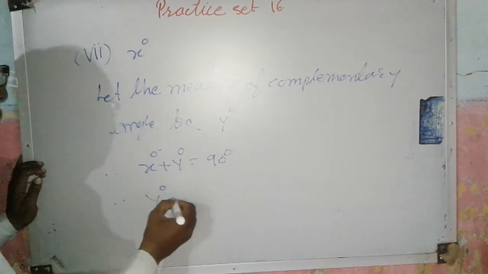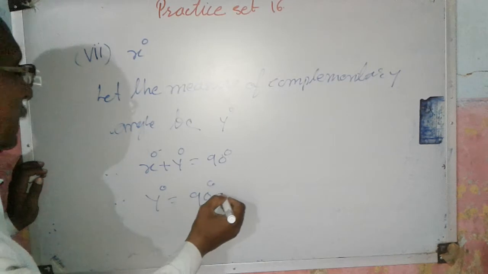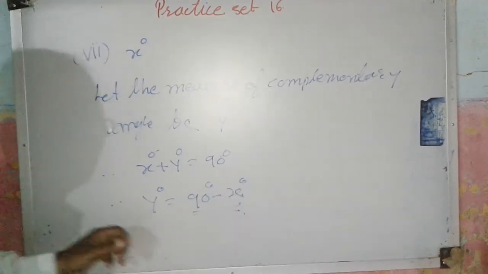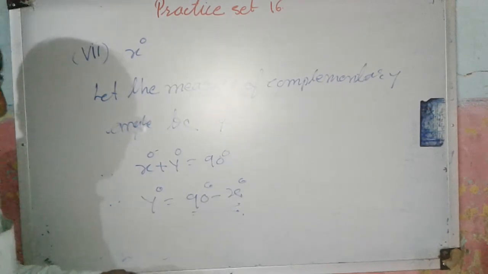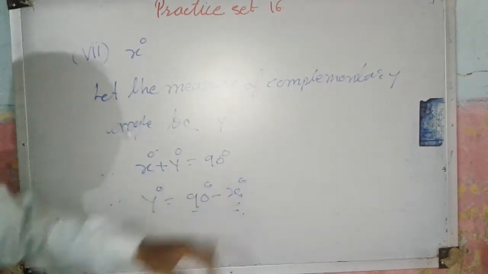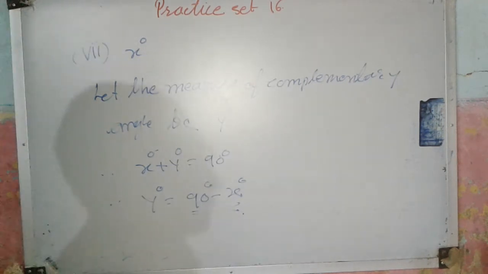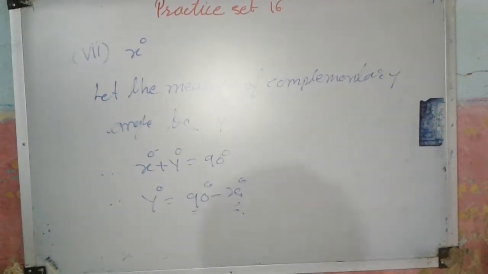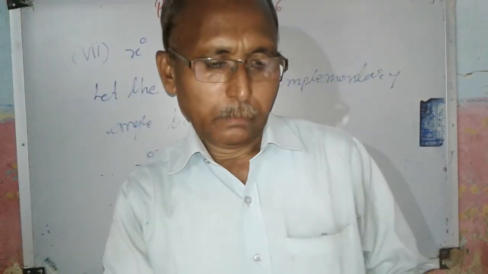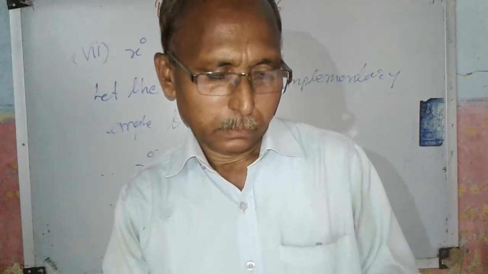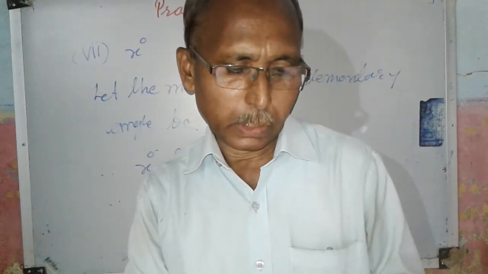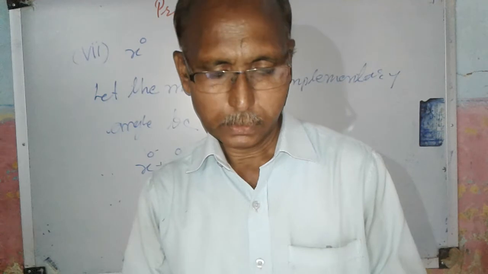Therefore, y degrees is equal to 90 degrees minus x degrees. So this is your answer. Therefore, the measure of the complementary angle is 90 degrees minus x degrees. In this way, by a similar method, you solve the remaining examples 2, 3, 4, 5, 6.